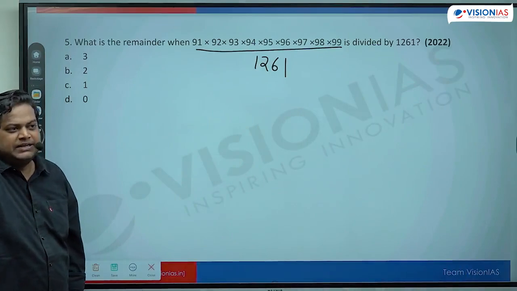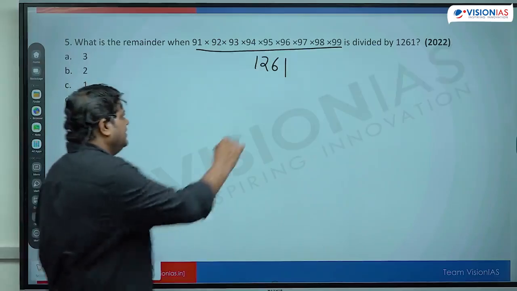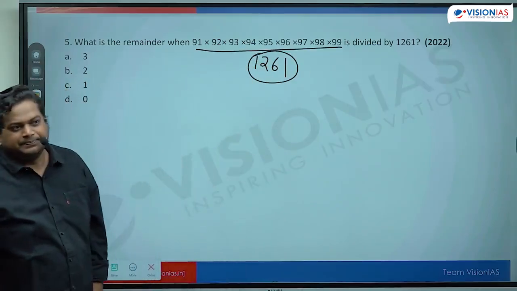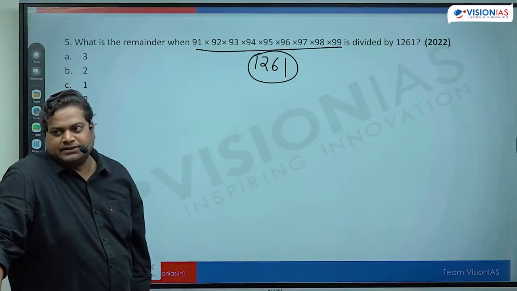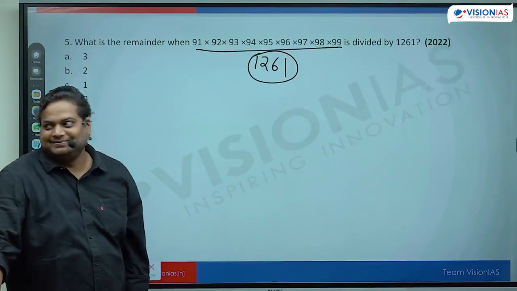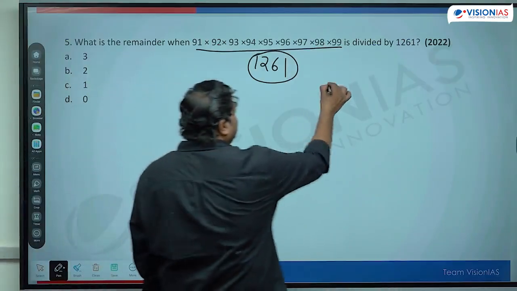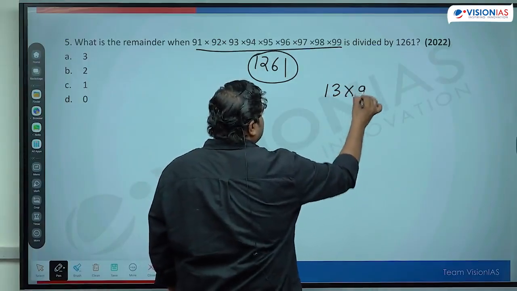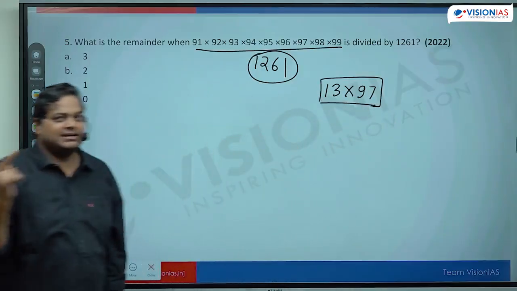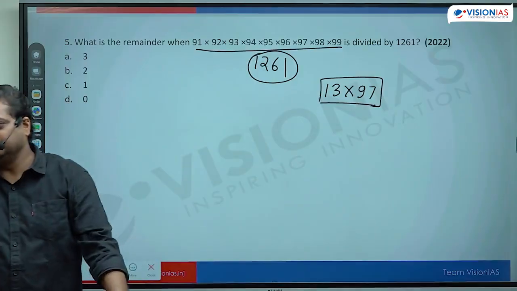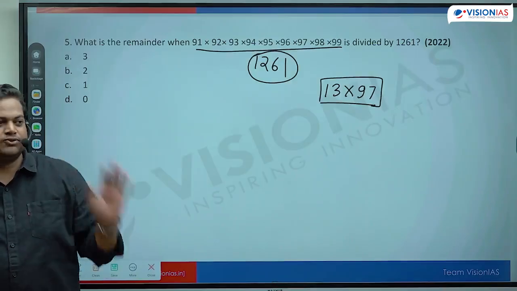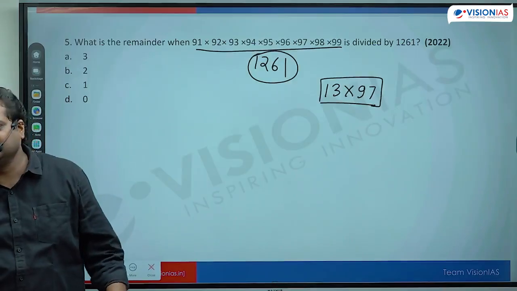So what we can do, if the question is asked this way, is try to take the factors of this 1261. What factors can we have? 1261 is 13 into 97. When we start taking factors, we start with 2, 3, 4, 5, 6, 7, 8 and then stop, saying it is difficult to find factors.